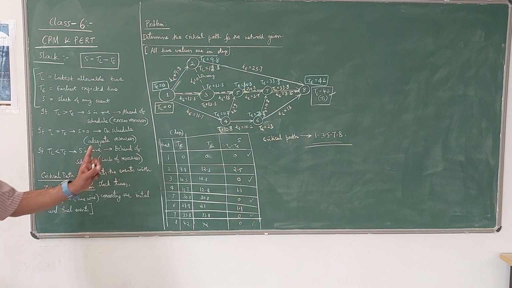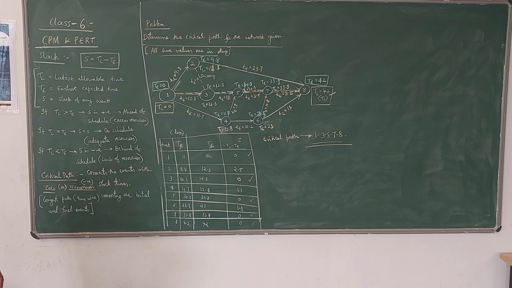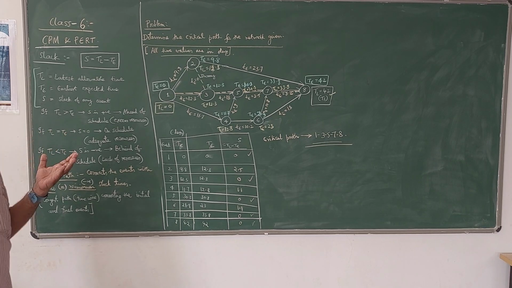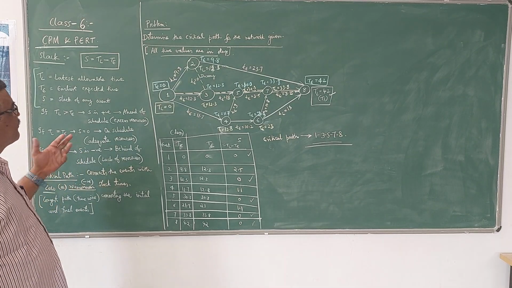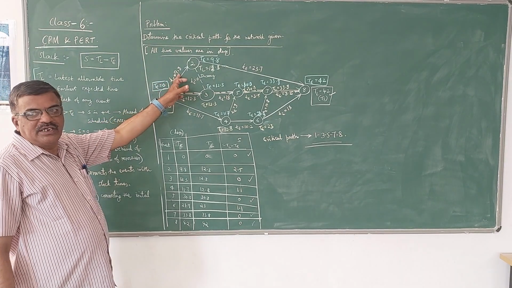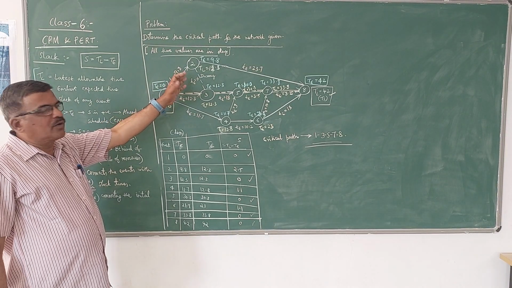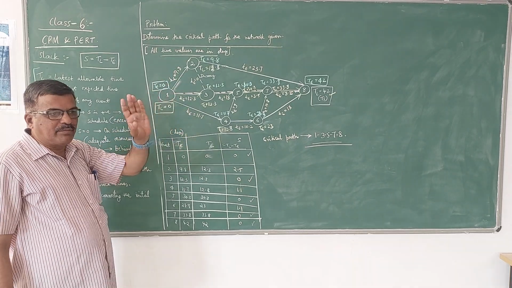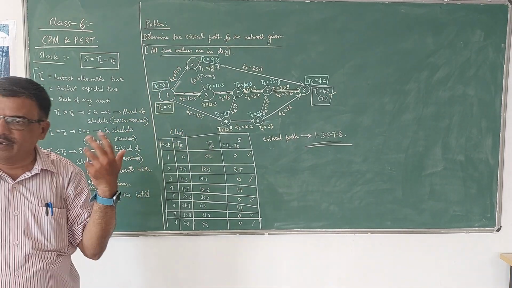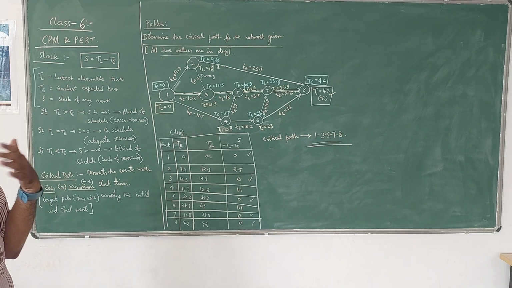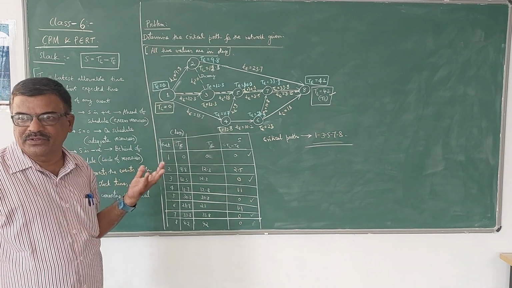So this is how we can identify the critical path for a given project network. If they give the expected values of each event or activity, you can calculate TE and TL, then slack. Then the path connecting 0 or minimum slack is the critical path.